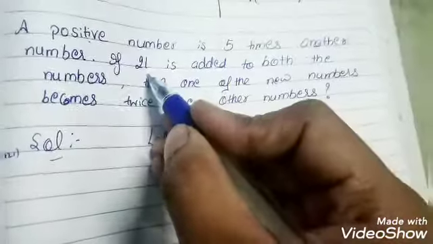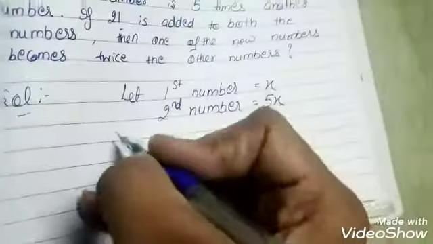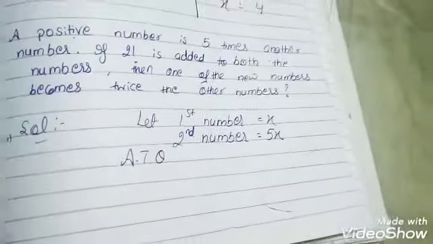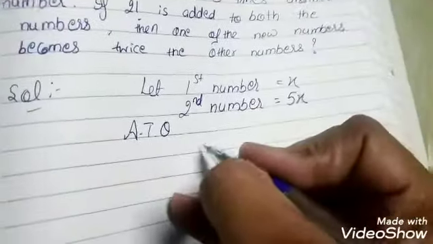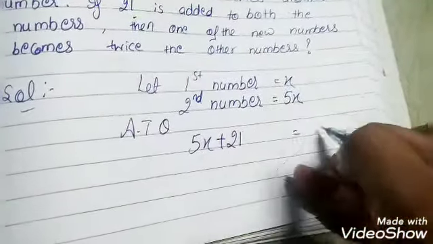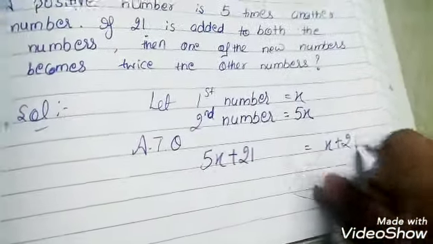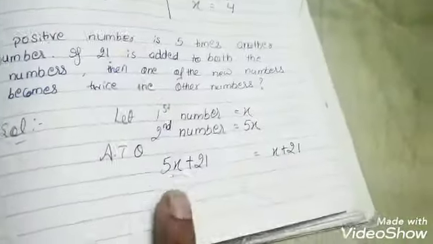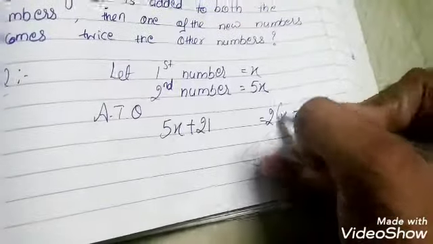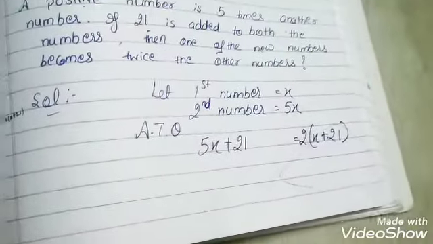If 21 is added to both the numbers, class, according to the question, listen very carefully. They are saying 21 we are adding to both the numbers, so it will become like this. The new number, that is this, will be twice the first number. So this was the equation.